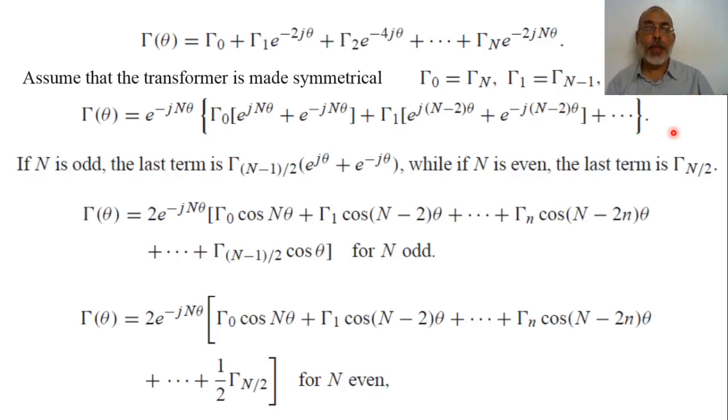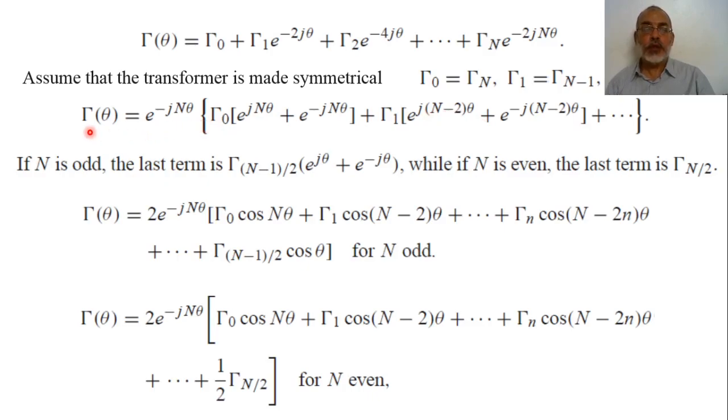Okay? It is interesting to note that this can be replaced by 2 cosine n theta, and this can be replaced by 2 cosine (n minus 2) theta, and so on.